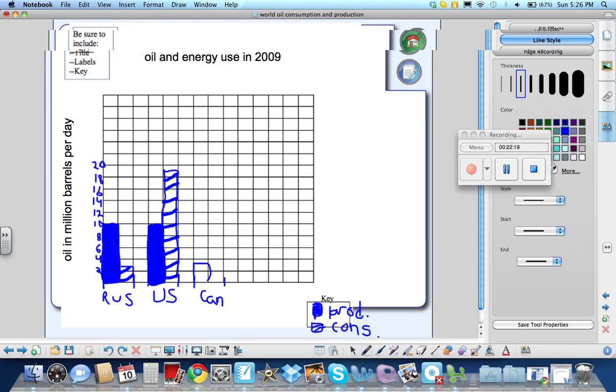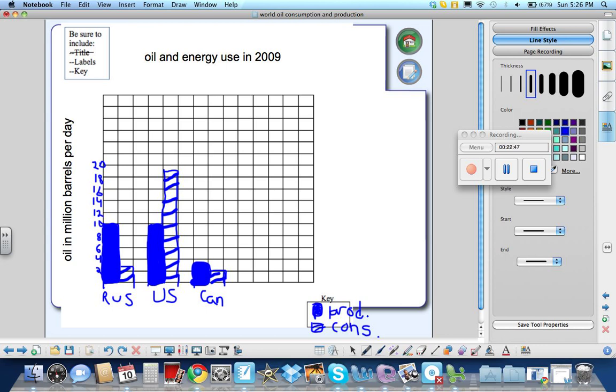Okay, that's my production. Remember to highlight it. And then we're going to do consumption, which was 2.1. So it's pretty close to 2, just about here. And then remember, we're just going to make straight lines or diagonal lines to say consumption.